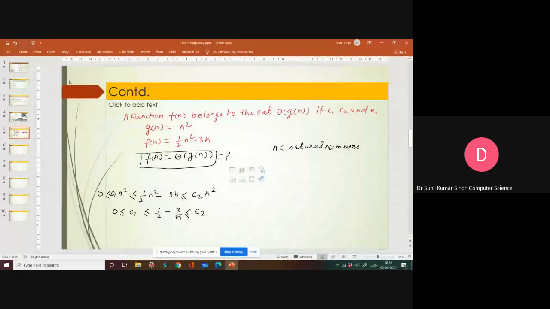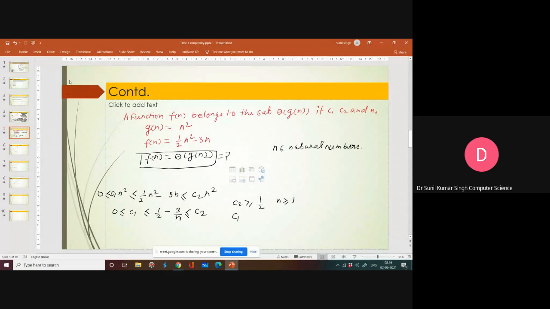Natural numbers. So if we have C2 equal to 1 by 2, for any value of n, maybe we can say that n is greater than or equal to 1. But what about C1? What should be the value of C1?